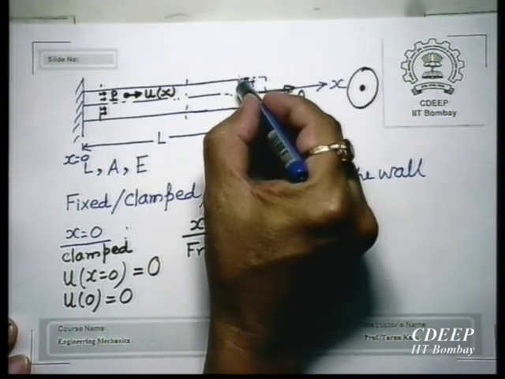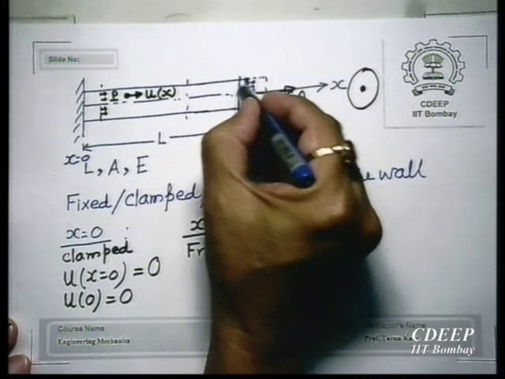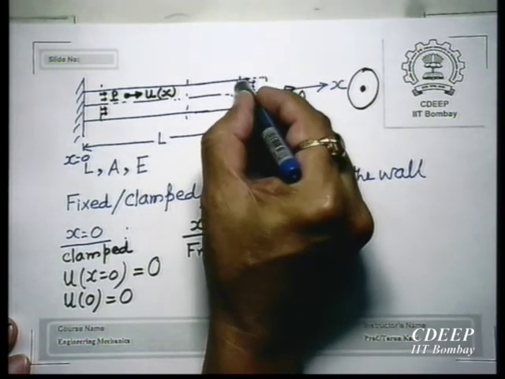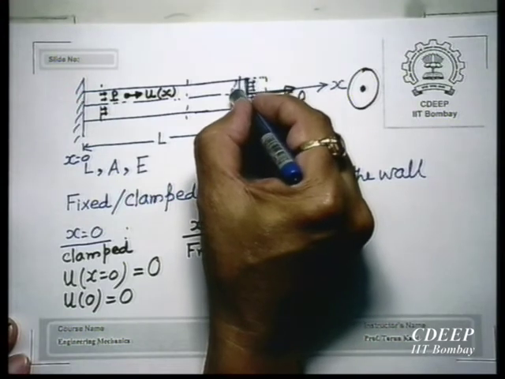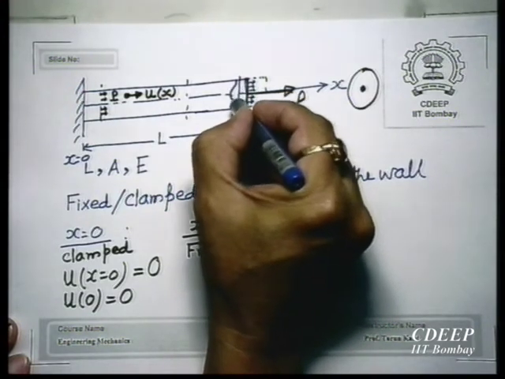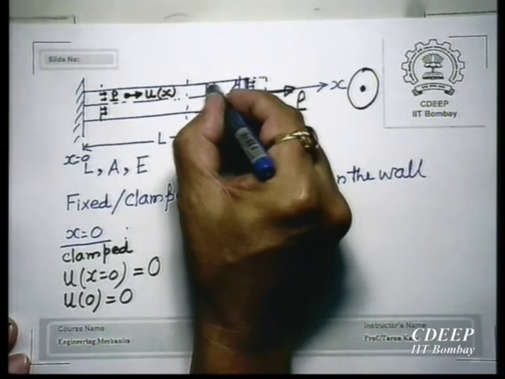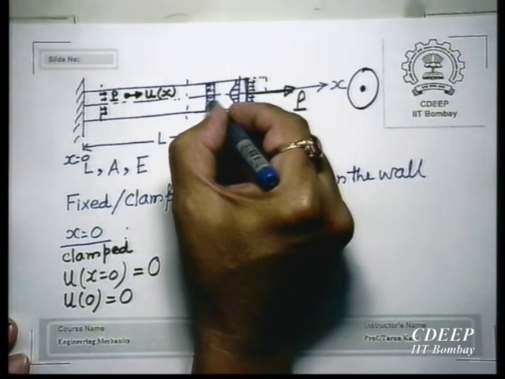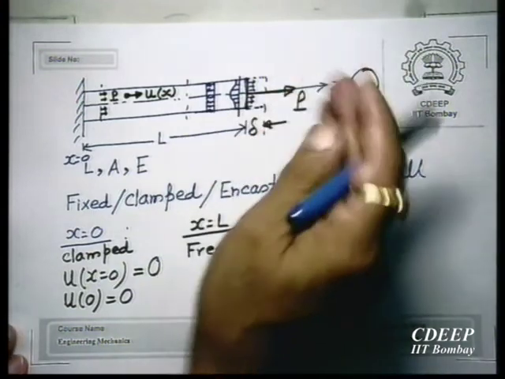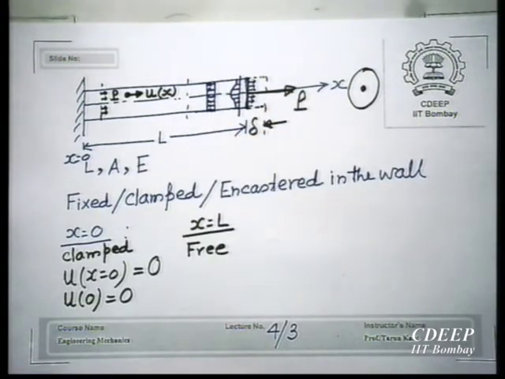If you take a section very close to this end, there will be some undulation, and the stress distribution will be something like this. If you take a section farther away, perhaps there will be a uniform distribution. I told you that away from wherever loads are applied you have stress concentration, and away from it, what is that distance? Lateral dimension, yes. So one diameter or one length of that.